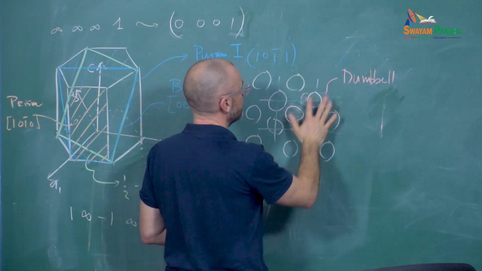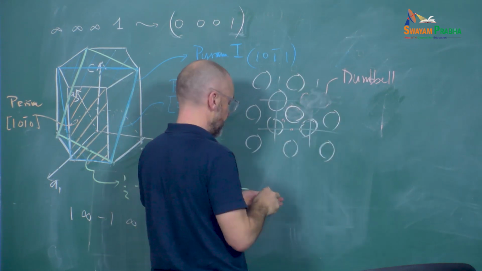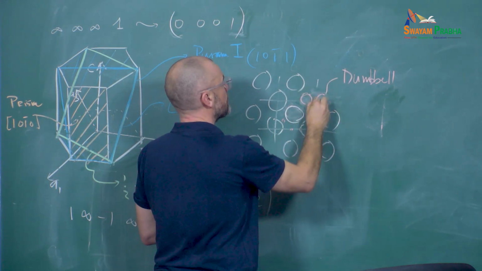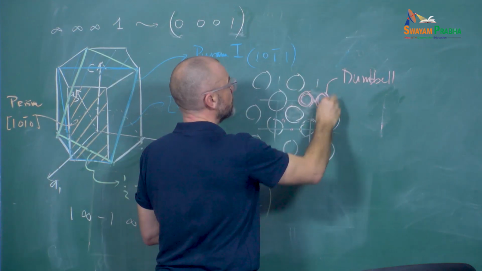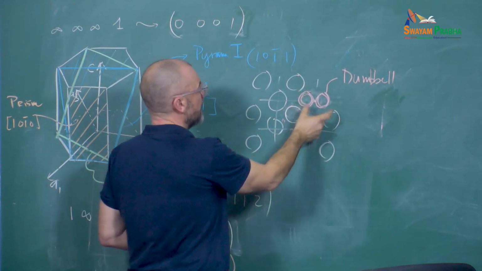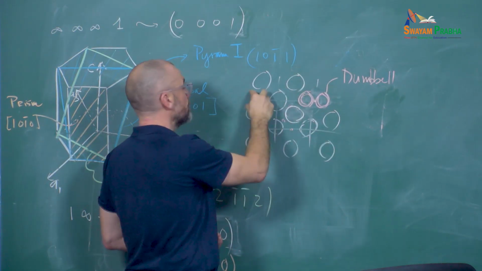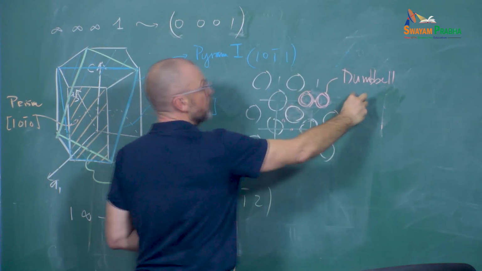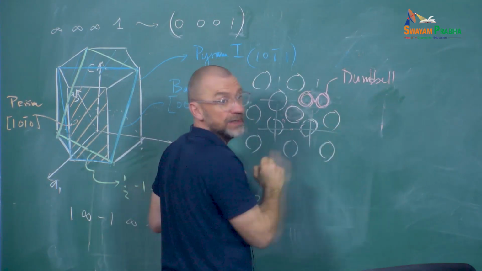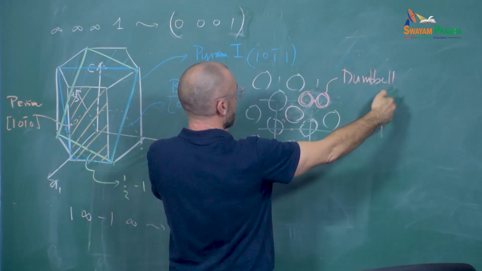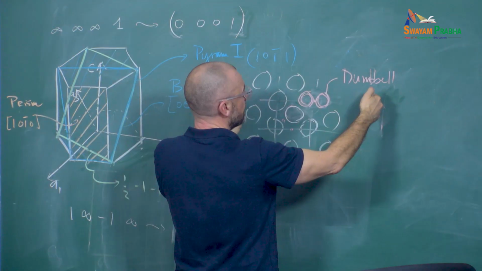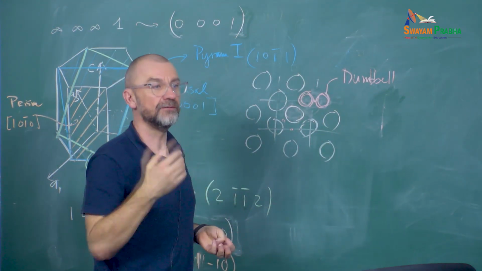In particular in FCC, that's where you get these dumbbells: two atoms that share one atomic position. And even the first nearest neighbor will also be displaced a little bit, and then the next one a little bit, and less and less as we go away. So it's more like you have maybe 6 atoms that share 5 positions.